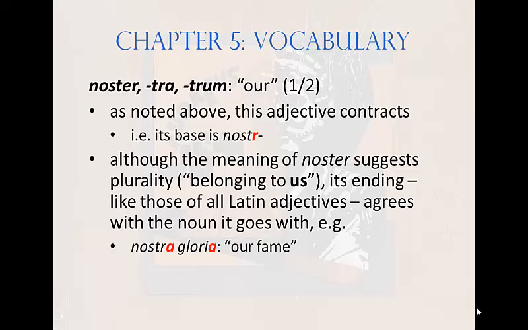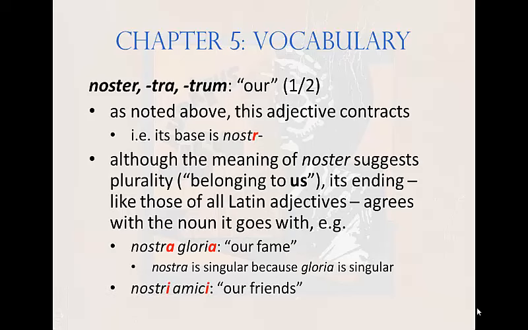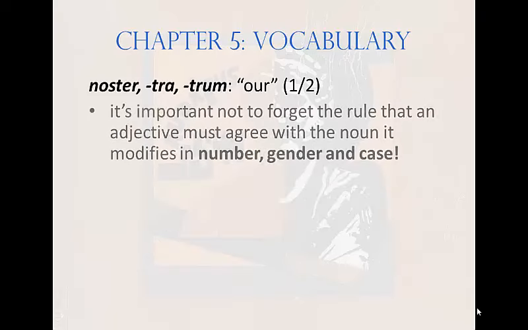So, for instance, if you want to attach noster to gloria, it is nostra gloria, our fame. Nostra is singular because gloria is singular. But if you want to attach noster to amici, it's nostri amici, our friends. Nostri is plural because amici is plural.